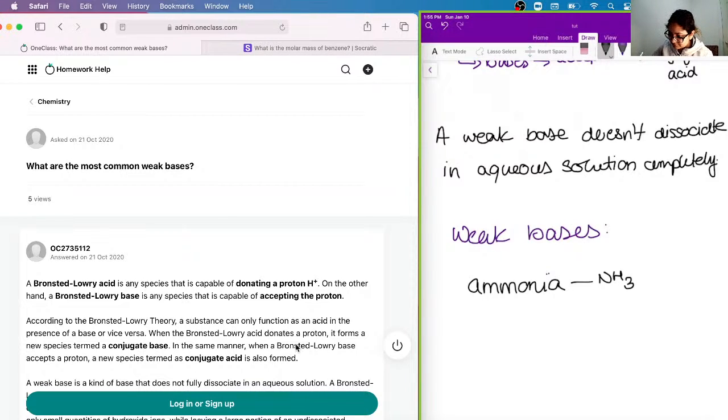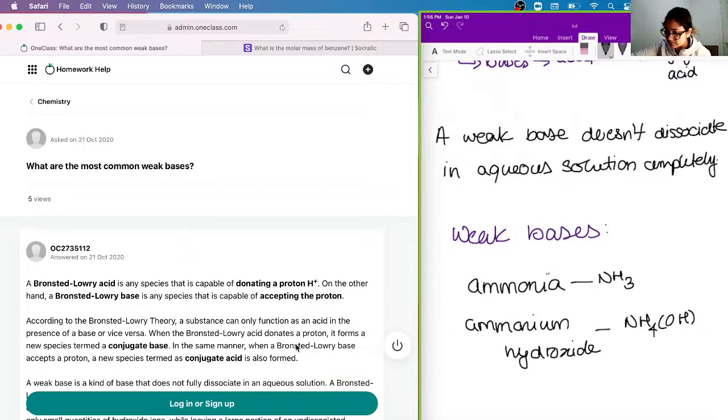And you have, for example, ammonium hydroxide. So this is NH4OH. Okay.